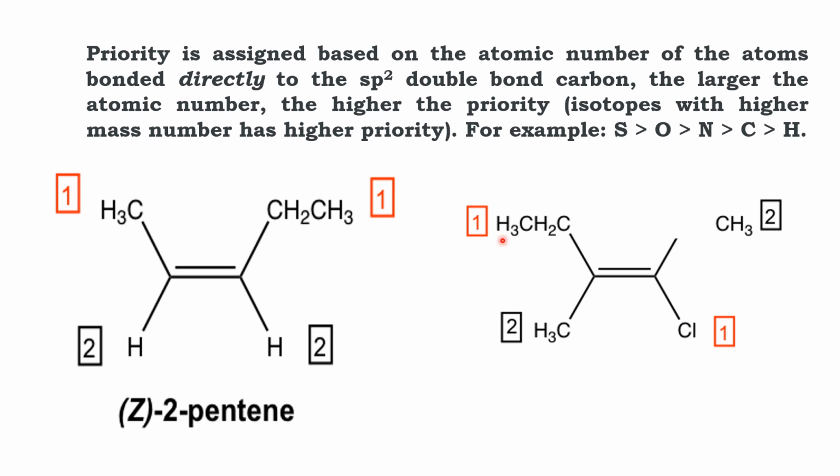They are on the opposite side. So it is an example of an E isomer. This is an E isomer, while this is the corresponding Z isomer. So if the priorities are on the same side, it is Z. If they are on the opposite side, it is E isomer. Take down.